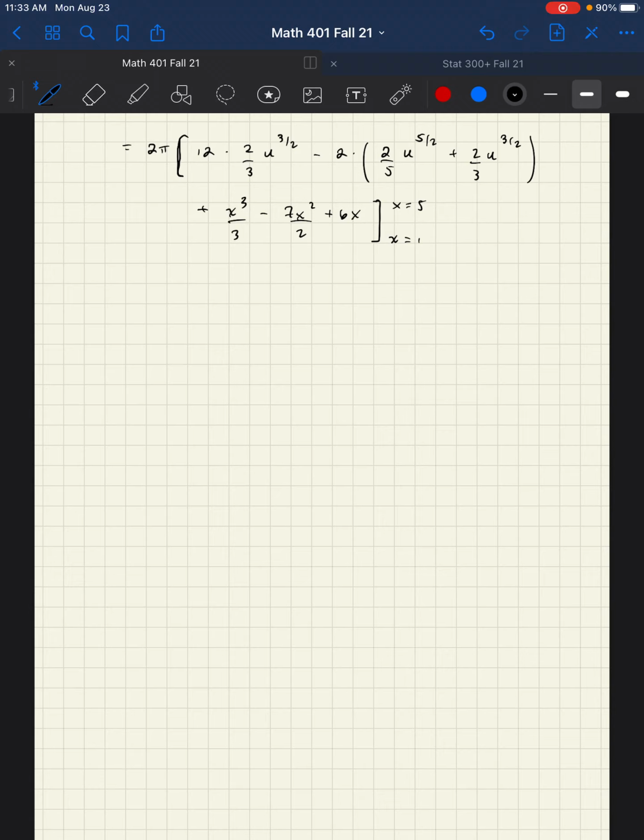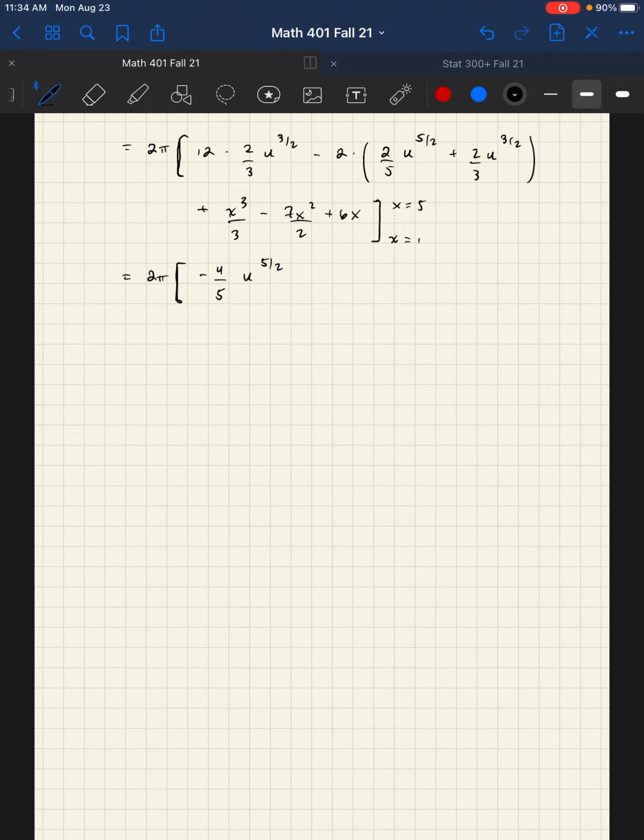So after we clean up the algebra here for u, then we're going to replace back the substitution, which is 2 pi times, and here we have two u terms that have a power of 3/2 and a u term that has a power of 5/2.